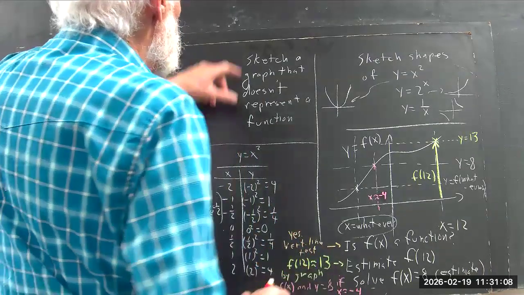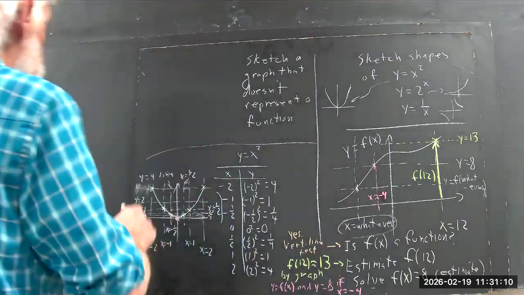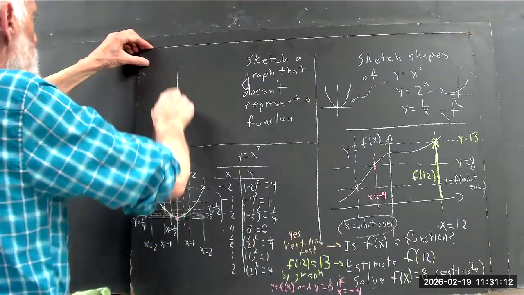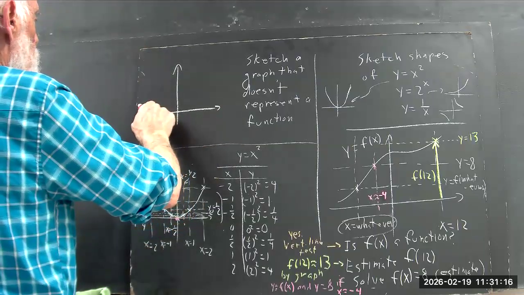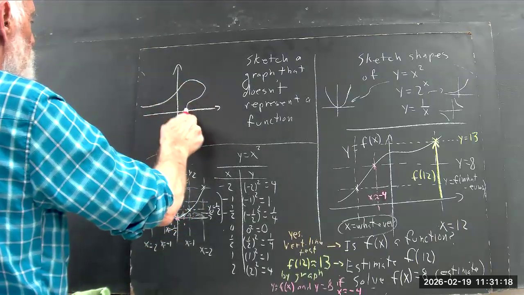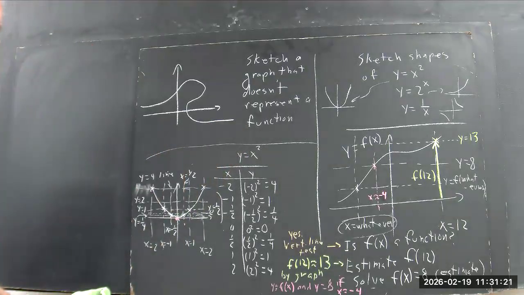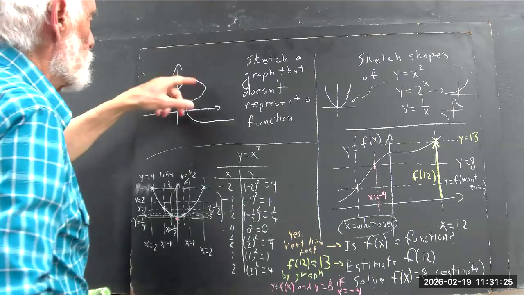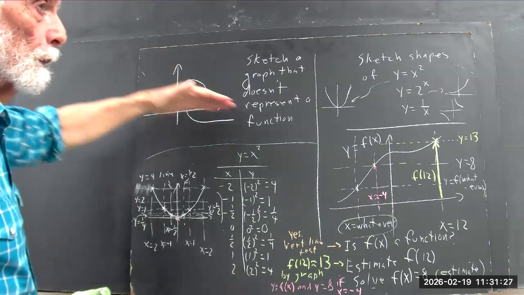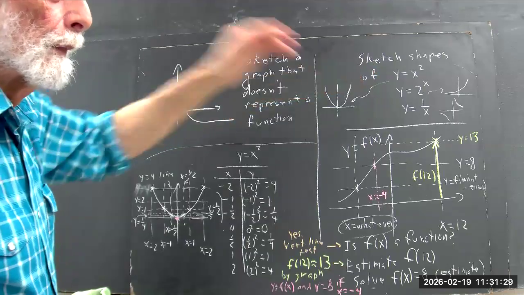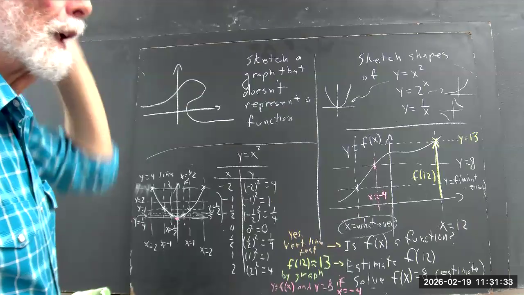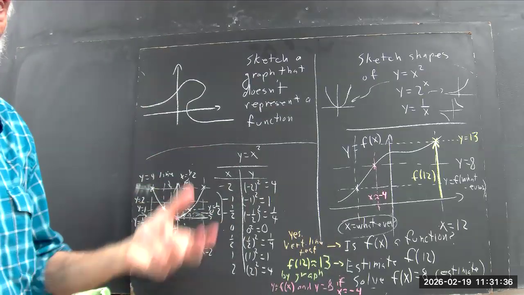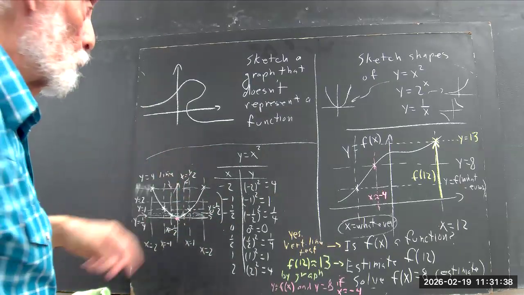Okay. Now, a graph that doesn't represent a function. Draw a set of coordinate axes, and we can draw a graph that maybe does this. If the graph keeps going from left to right, then it's not going to violate the vertical line test. You're not going to have a point where you have more than one value.